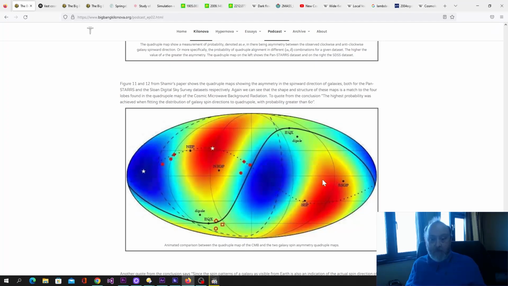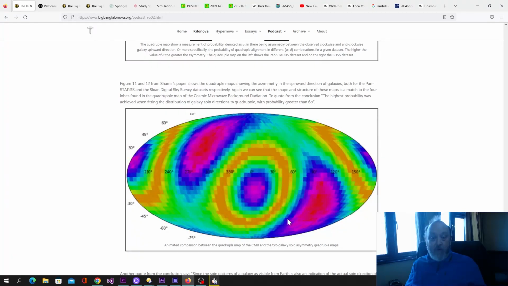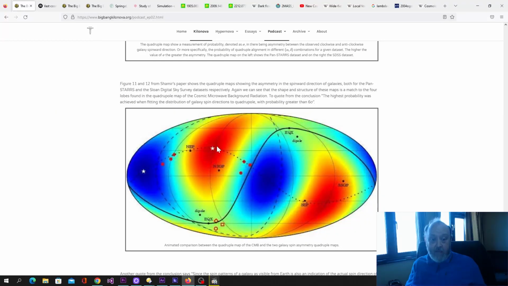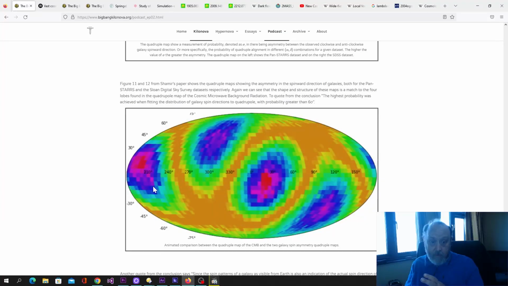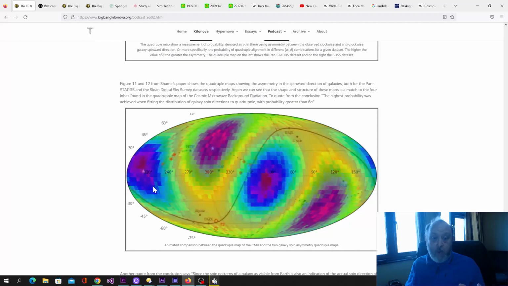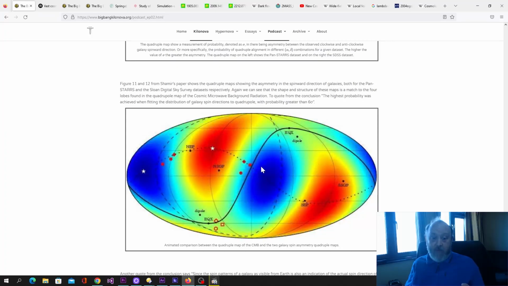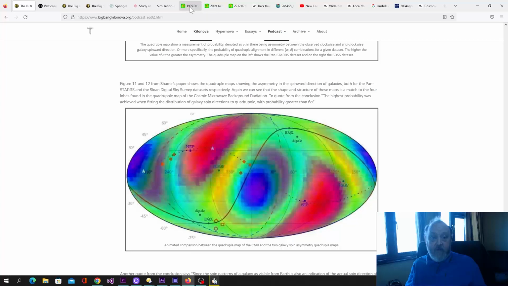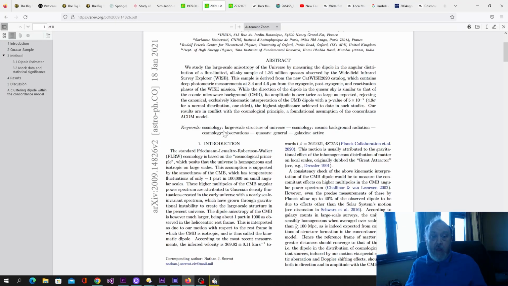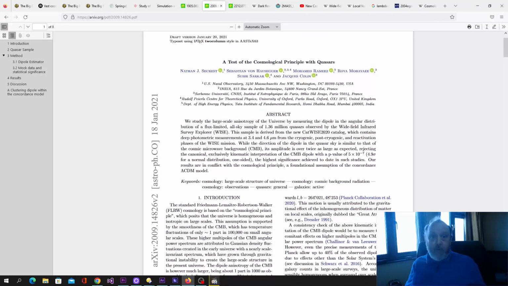But this is an observable cosmological feature that we're seeing also align up with the quadrupole map of the temperature fluctuations of the very early universe. But Shamir's work is just one, has got to be reproduced, and it's very easy to argue against it.